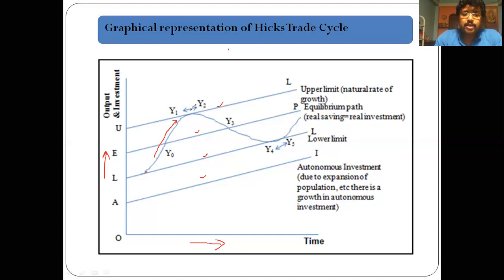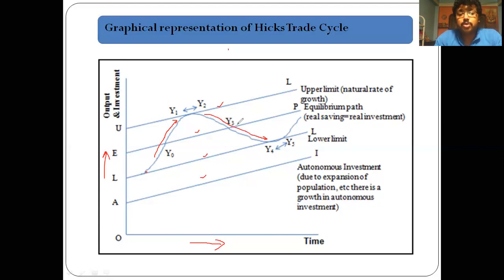Now, when the income falls from y2, it will fall through y3 to y4. The income falls in this way, and induced investment is less than the required investment to maintain the equilibrium path.